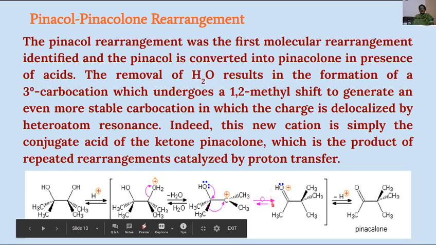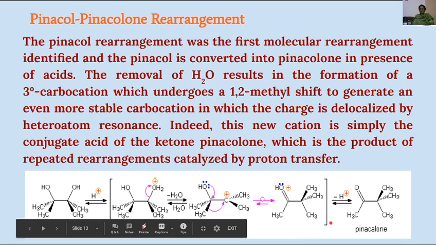So this structure is further more stable. This structure is formed by a 1,2-methyl shift. One methyl group is shifted from this position to the carbocation position. So this will give us this intermediate, which is very stable because of the heteroatom resonance.